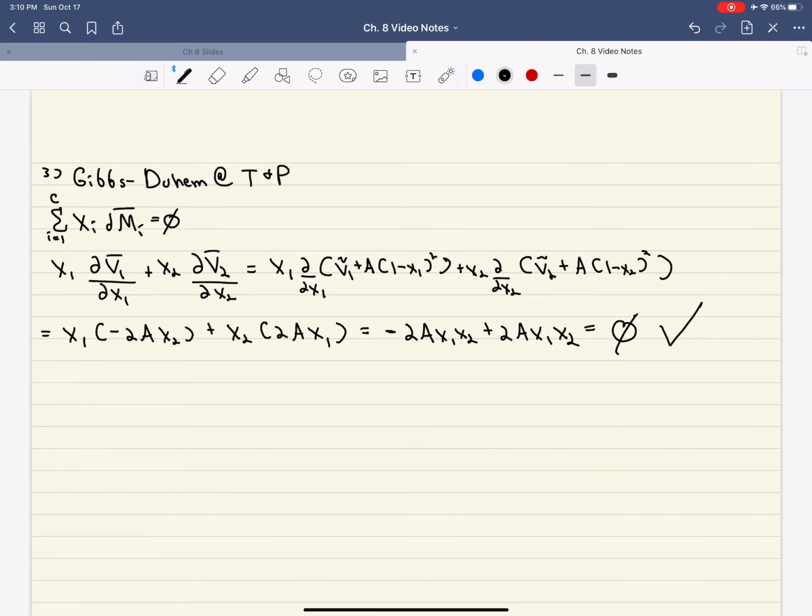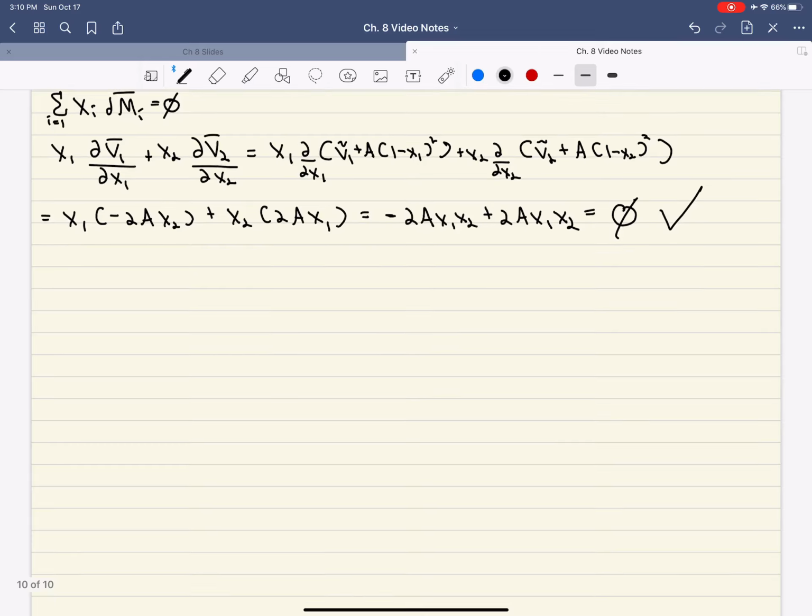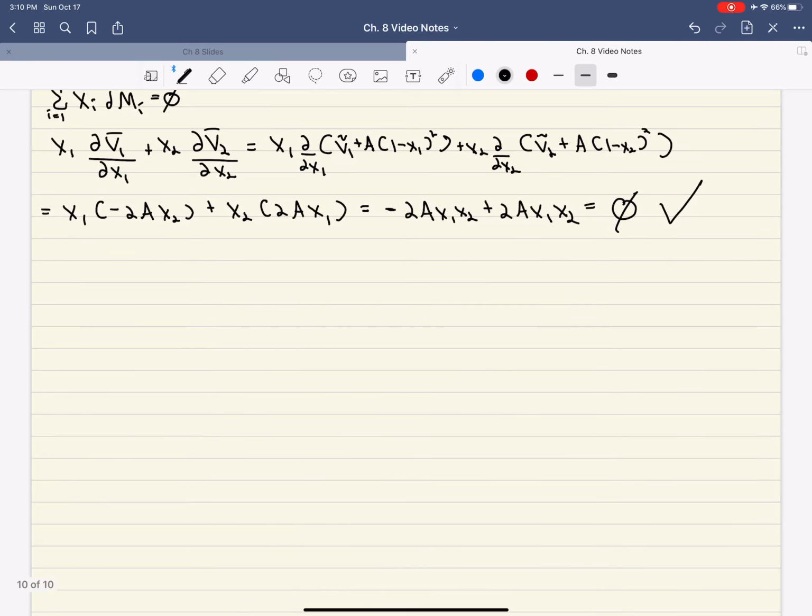Because we passed these three different tests, this suggests to us that our delta V mixing model is thermodynamically consistent, and there's at least a reasonable chance that this model can accurately describe the thermodynamics of the mixture.